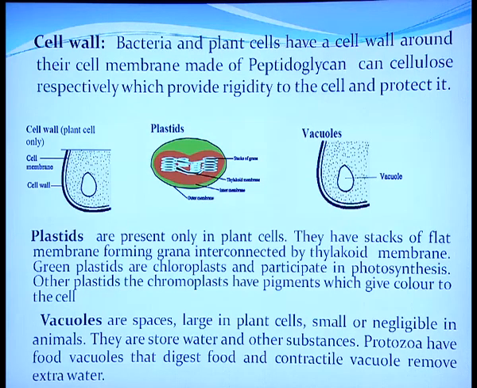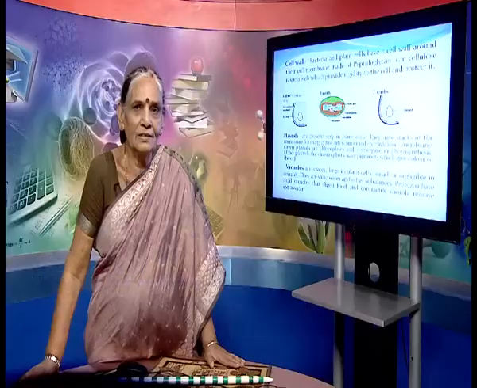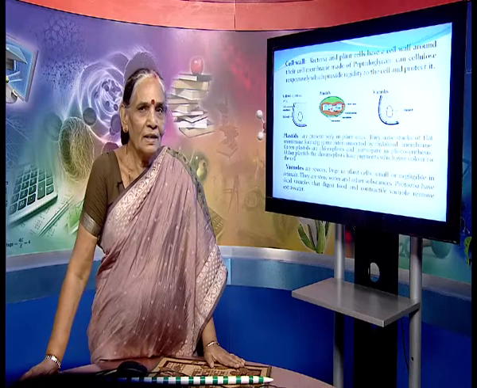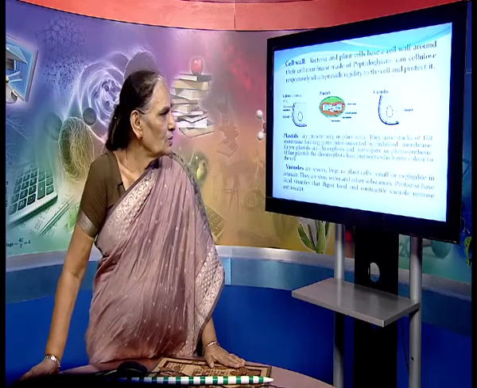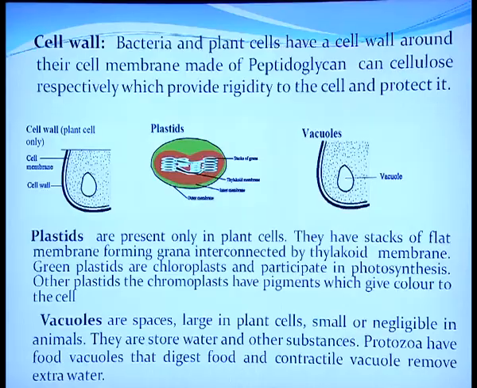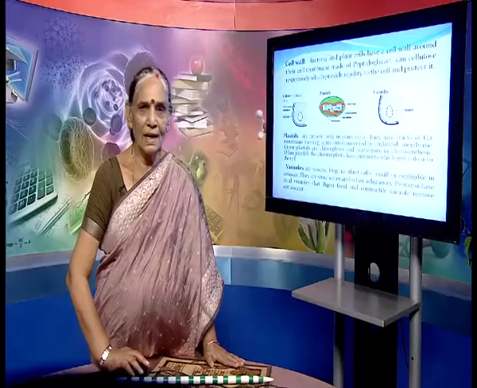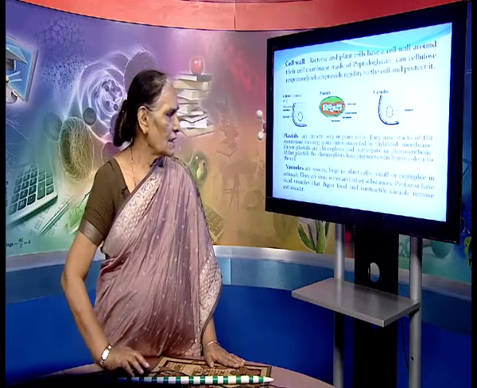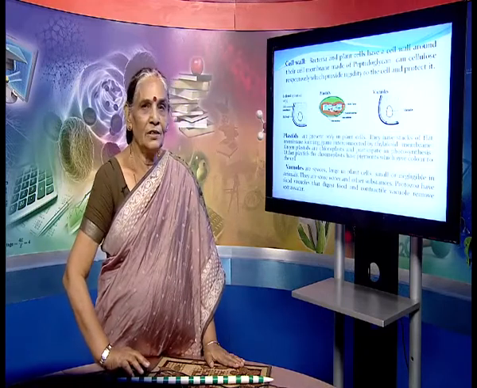So, this tells you that prokaryotic and eukaryotic cells differ in certain characteristics. Plant cells differ from animal cells. Now, the next thing I want to tell you is that the body of a living being may be of a single cell, I think I have already told you, or it may be of many cells, multicellular.